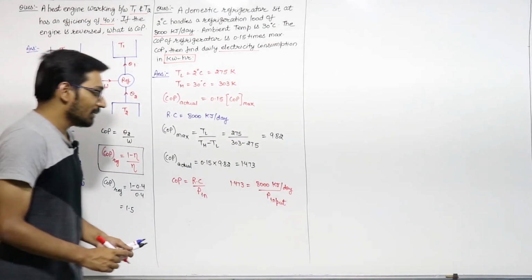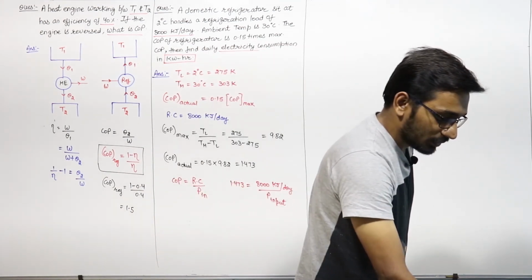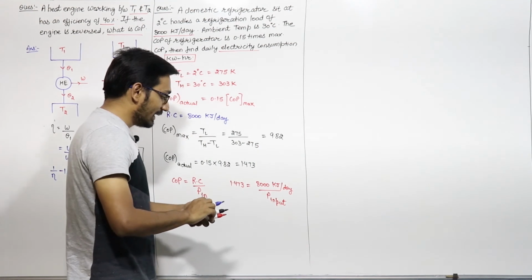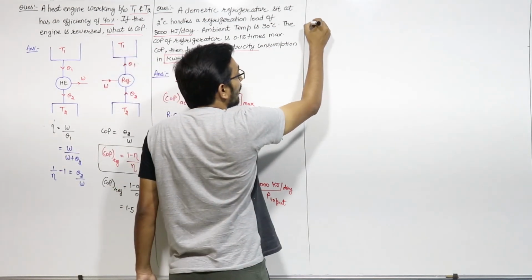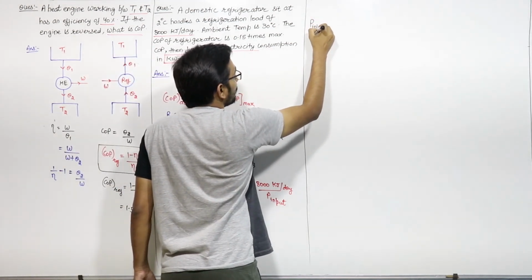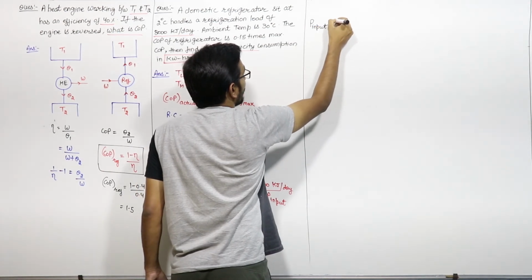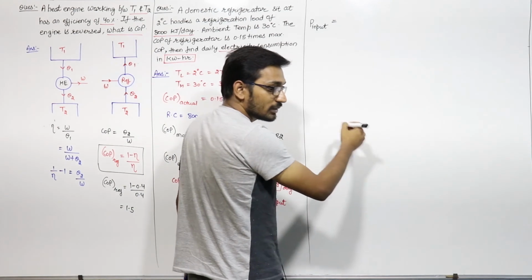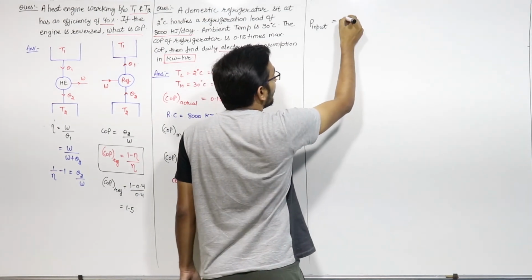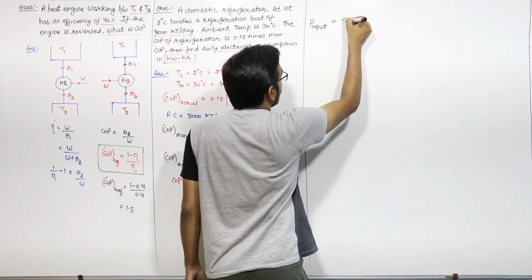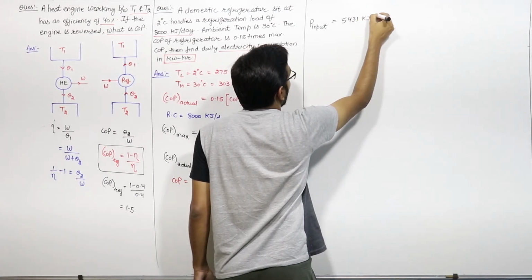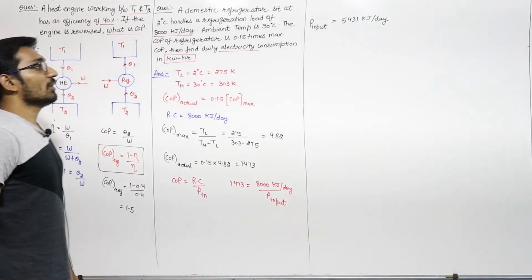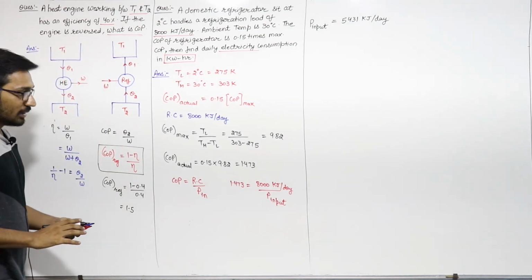From here we will be able to calculate the power input required to run this refrigeration cycle. The power input from this equation will come out to be 5431 kilojoule per day.